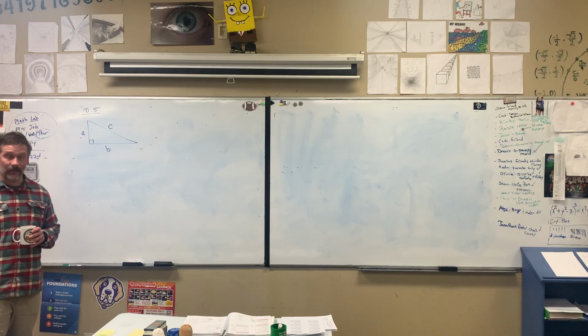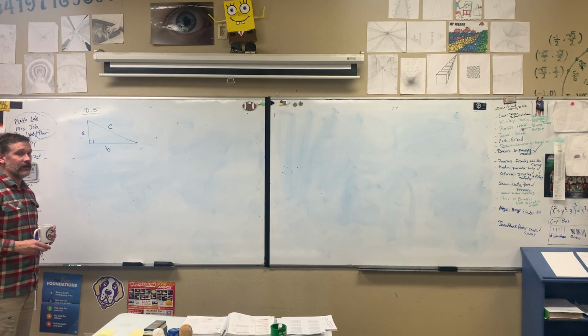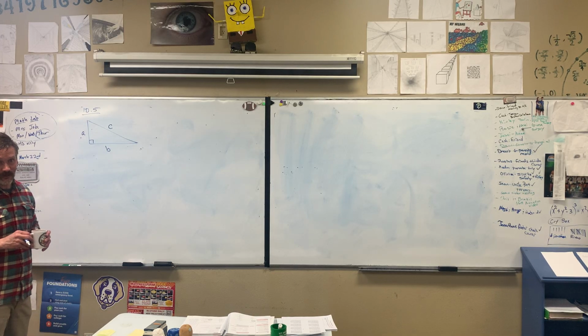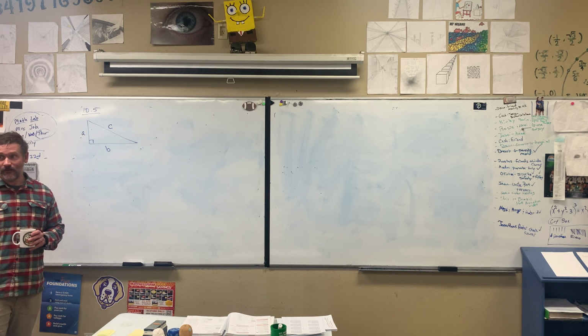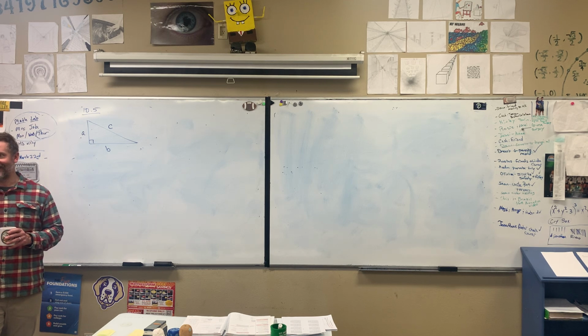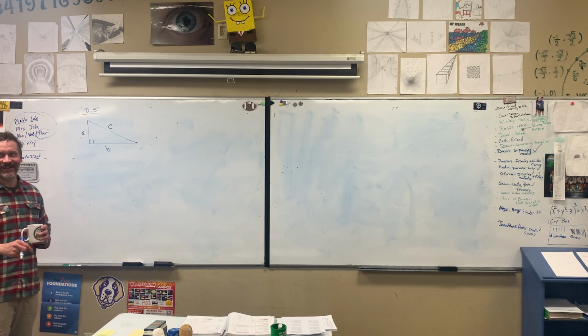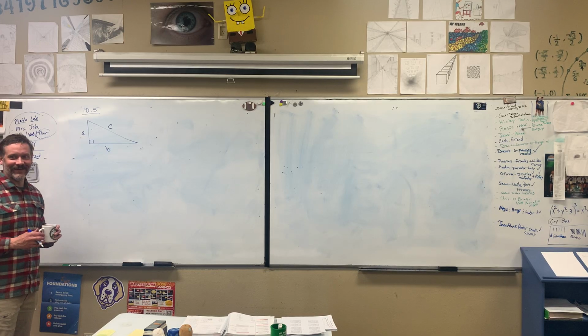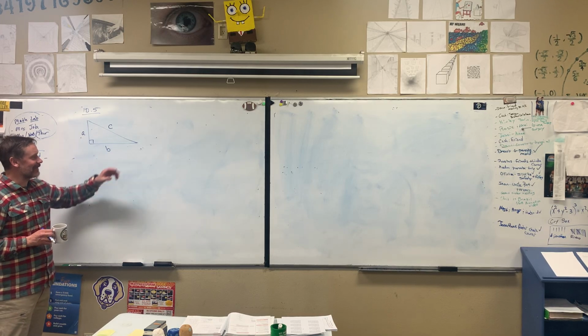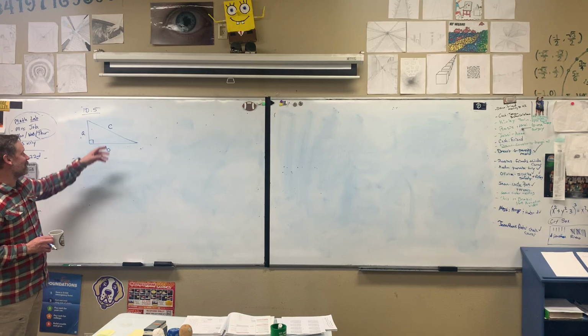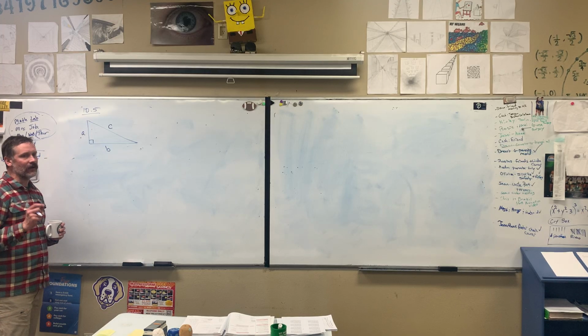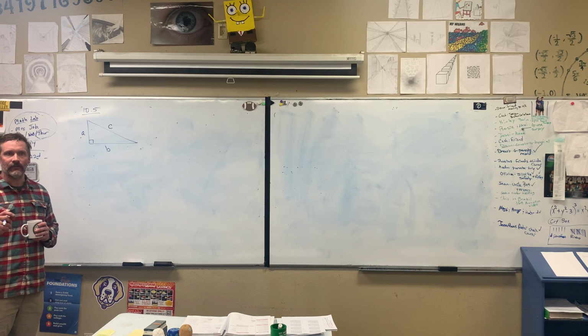You've probably heard that before from one of your teachers in the last 2 years. Hopefully they use the word hypotenuse at some point. It's just the slanted side. So this slanted side over here is the hypotenuse. Now, the hypotenuse in a right triangle is your.